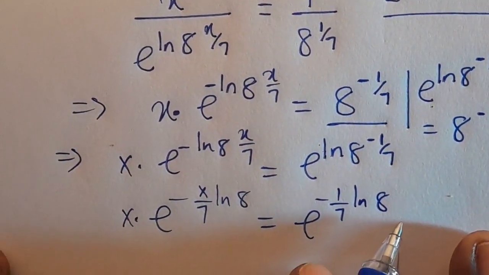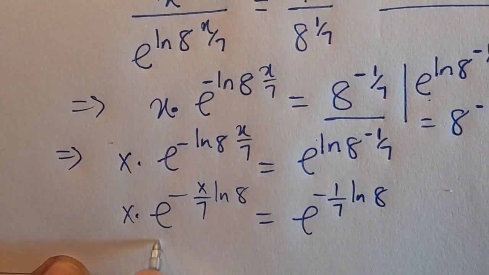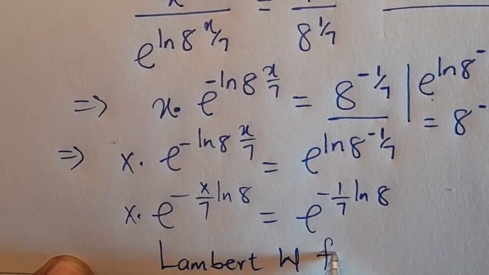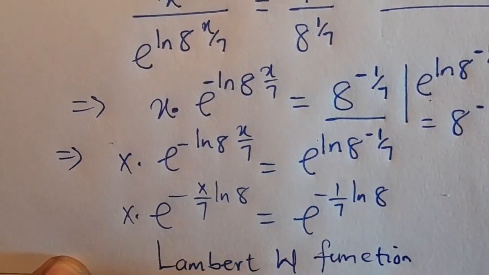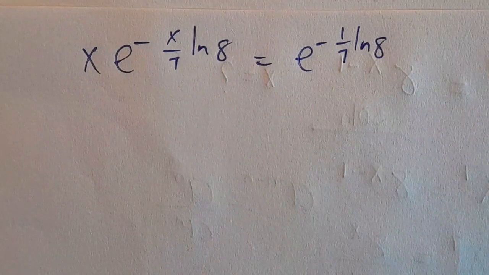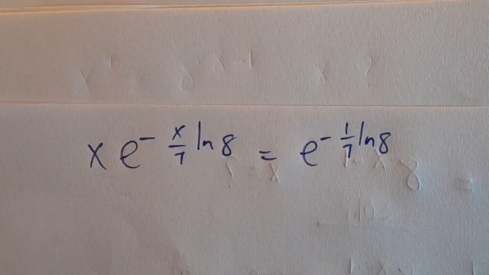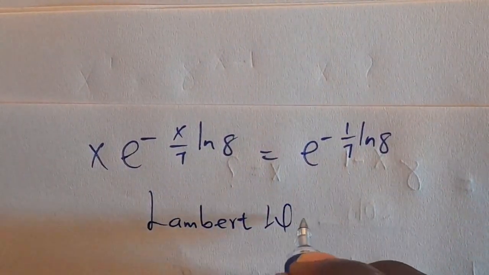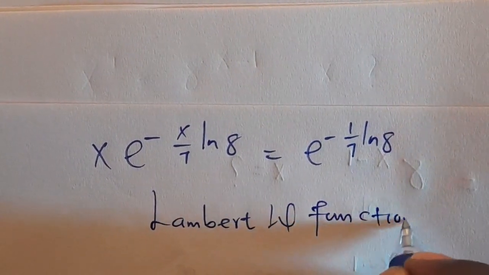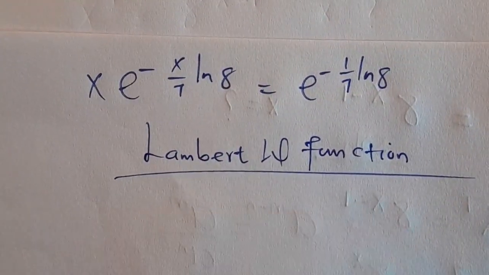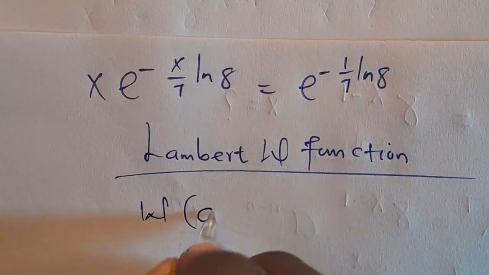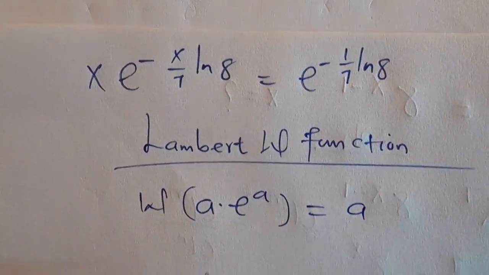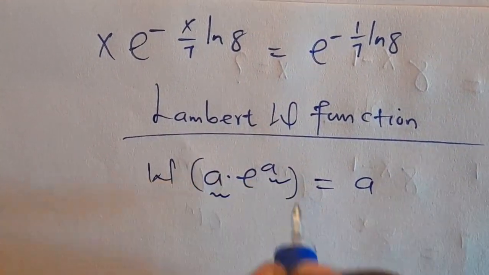Now, mind you that we want to apply something we call the Lambert W function, and this says that when you have the Lambert W function of a, then multiply by e to the power of a, this will give us a, because the base and the power are the same.